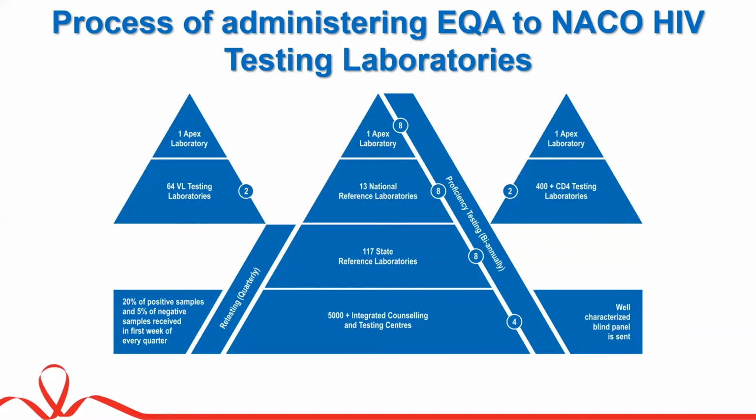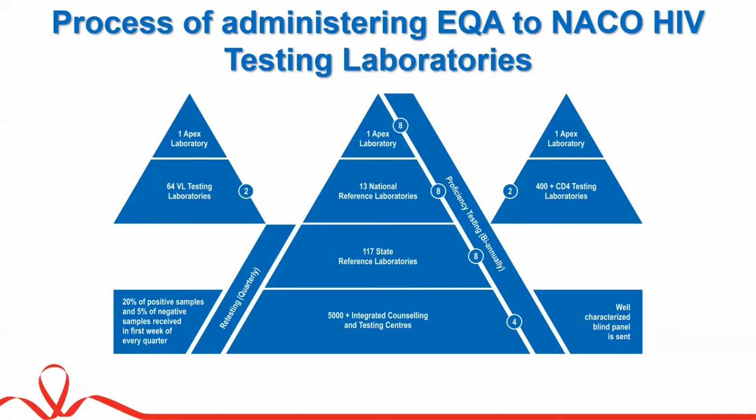You can see here in the middle a pyramid which has four tiers, four sections. This is the 4-tier laboratory network for HIV serology testing, where the ICTCs are at the lower level, testing the patient samples.